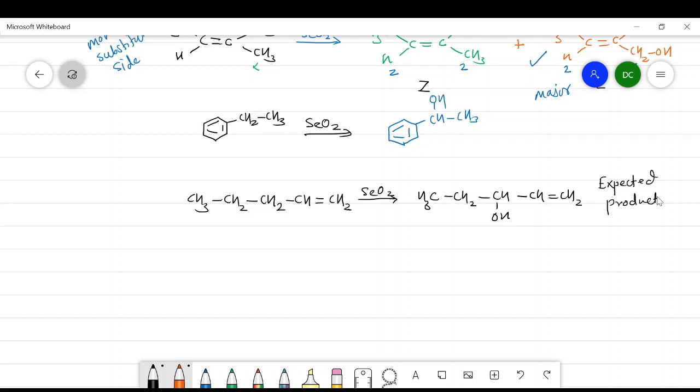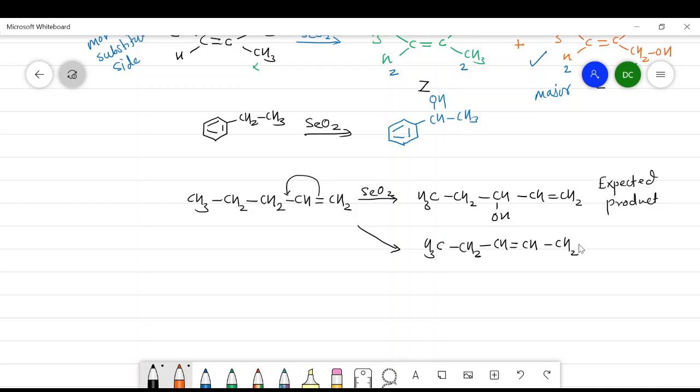But here a rearrangement occurs and we get a different product in which the allylic migration occurs. That is, this double bond is going to migrate from this position to this position, and when this happens, we will get a different product.